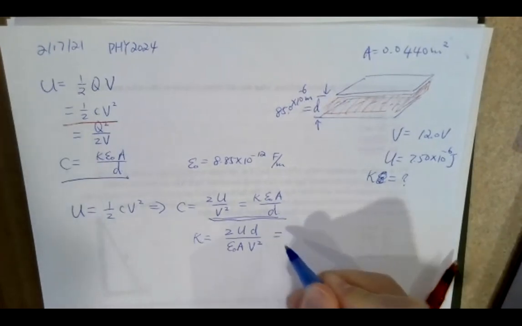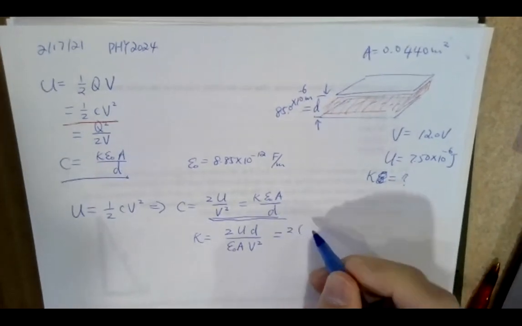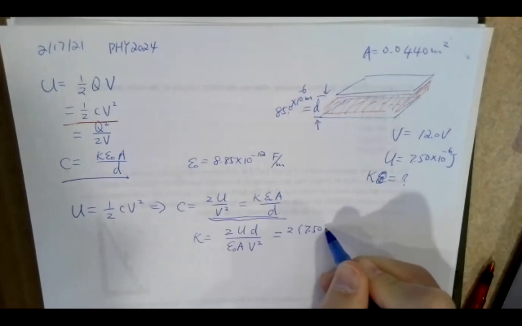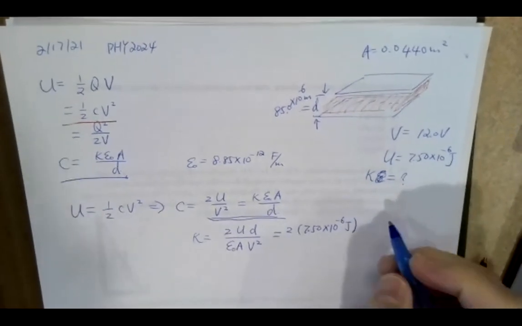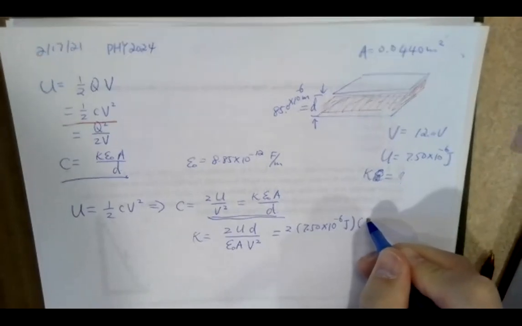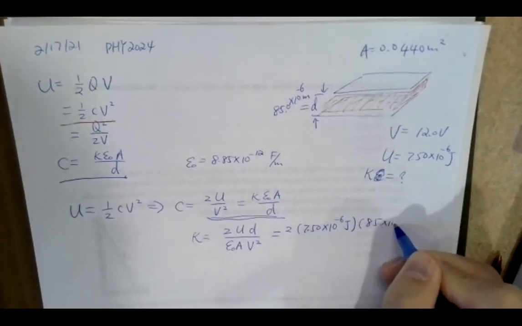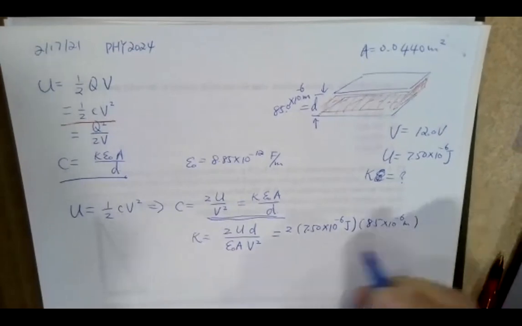Then you can just type in the numbers: 2 times, and just keep in mind this is 7.5 times 10 to the minus 6 joules, microjoules. D is 85 times 10 to the minus 6 meters.